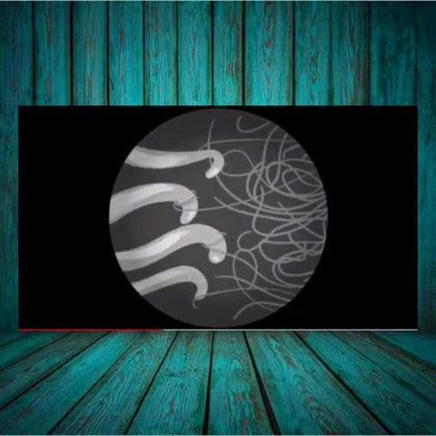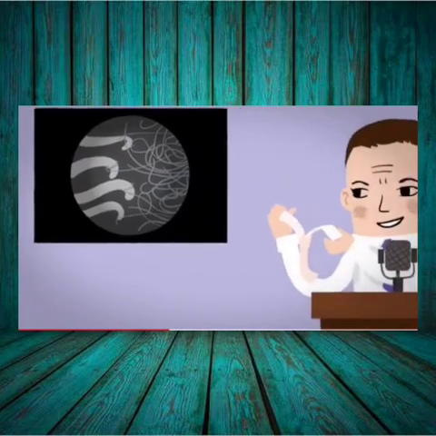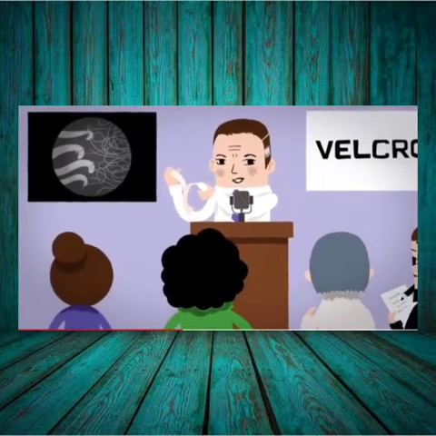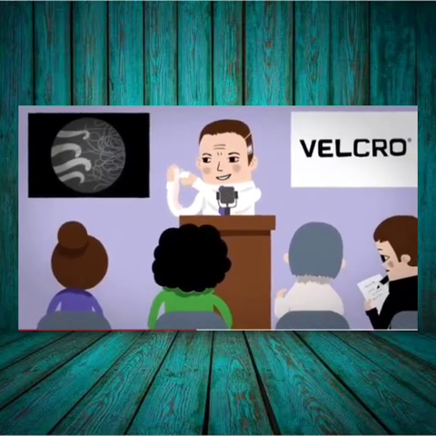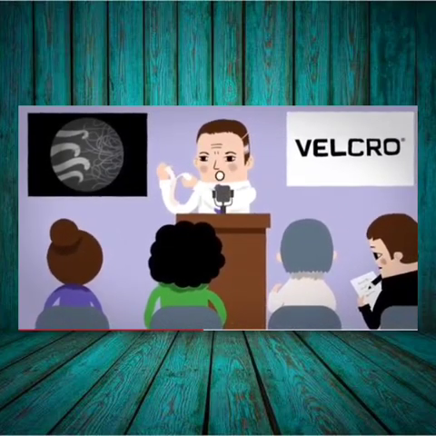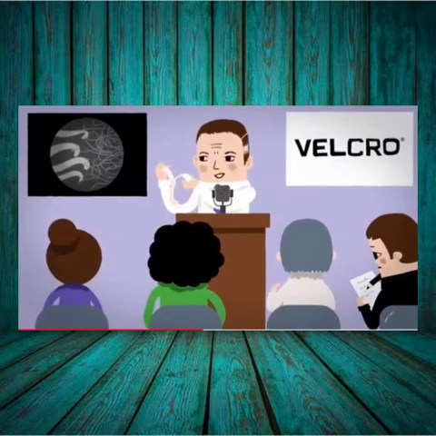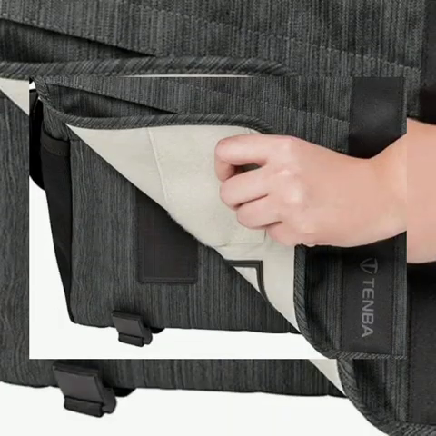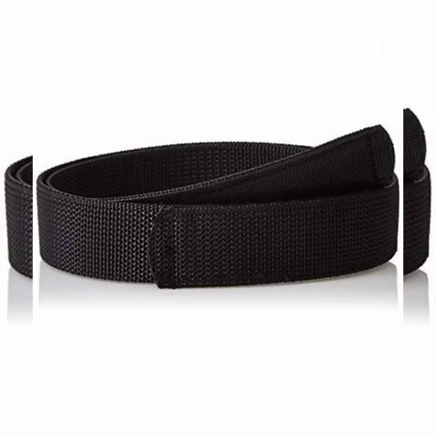This gave Mestral the idea of making Velcro. He made a material with similar tiny hooks that would stick. So Velcro is used to stick together many things like clothes, shoes, bags, belts and many more.